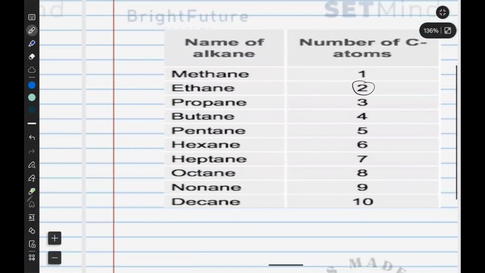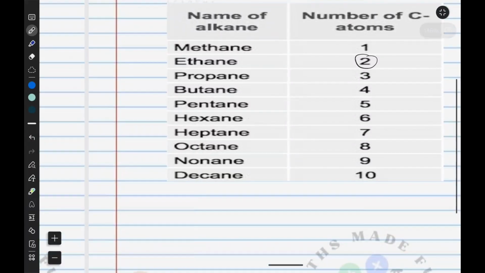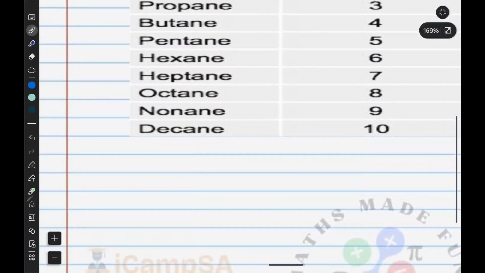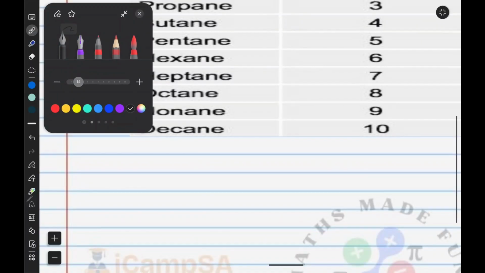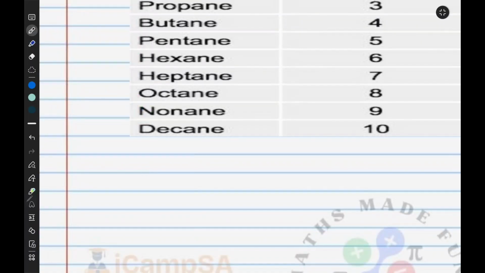Like I said, for straight chain or simple alkanes, what we usually have is just the stem plus the suffix, and then we get the name of the alkane.